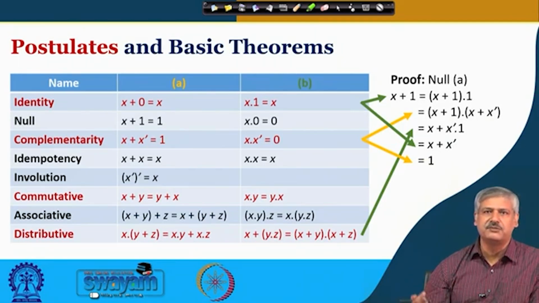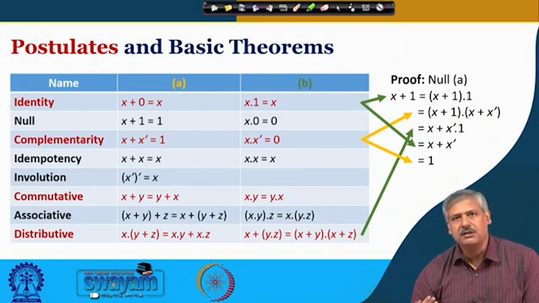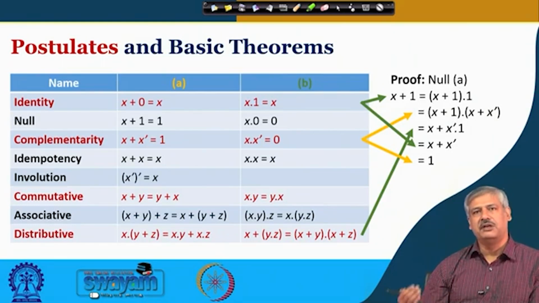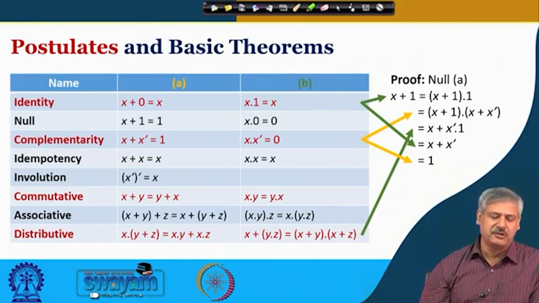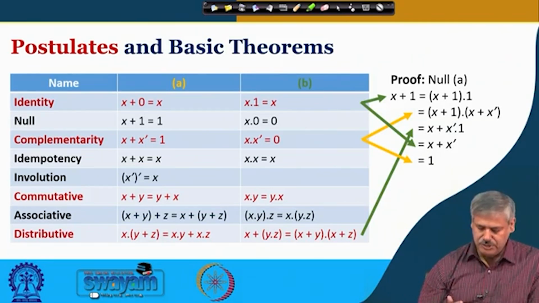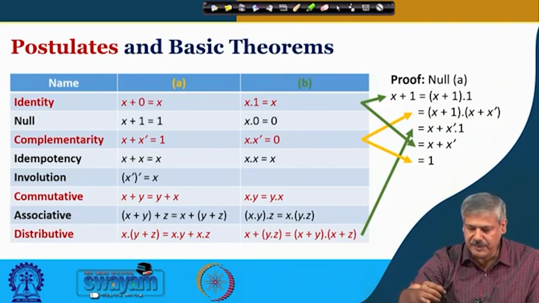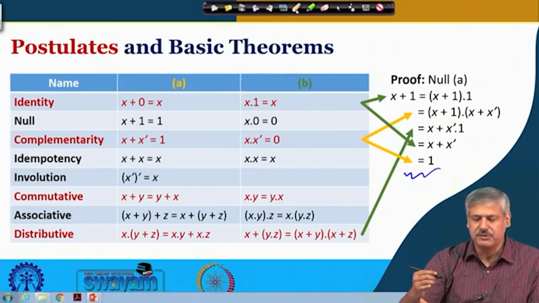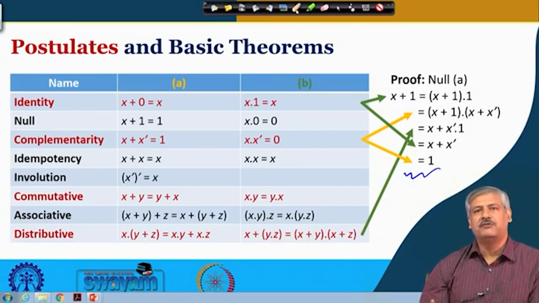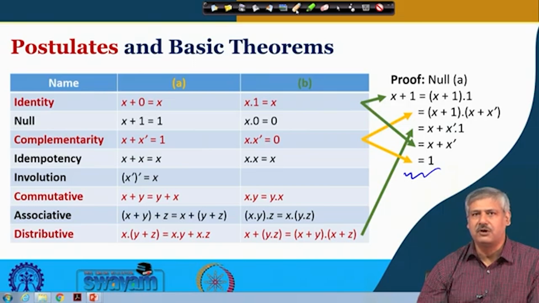Postulates are axioms, self-evident things, and theorems and other identities are the ones that can be proved from the postulates. They are given different names, which is useful because later on you can refer to a particular postulate or theorem when proving a relationship or simplifying an algebraic expression.